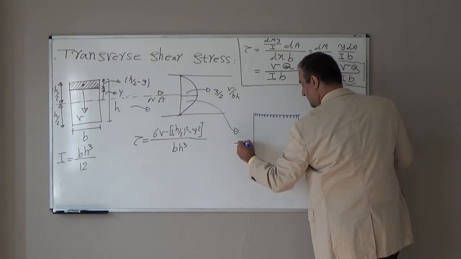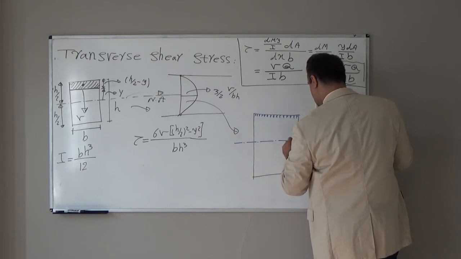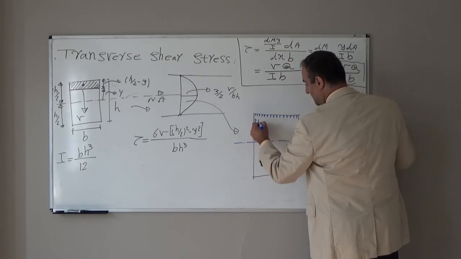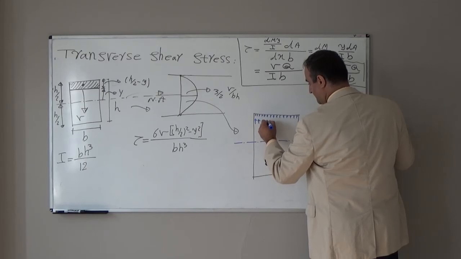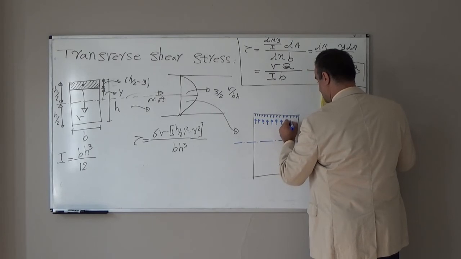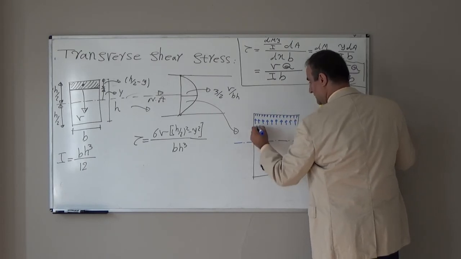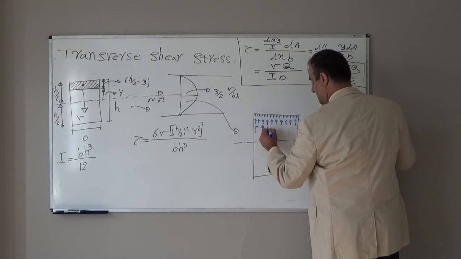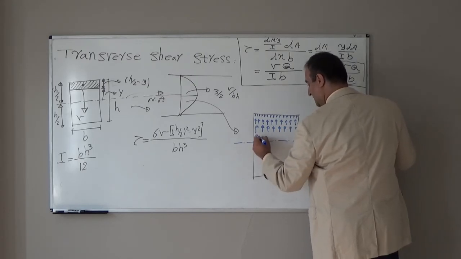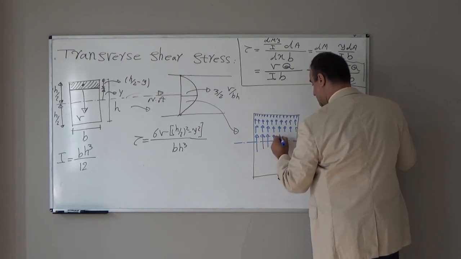If we move from the top to the neutral axis location, it will get bigger, and the maximum will be at the neutral axis location.